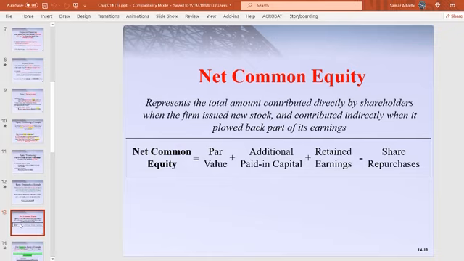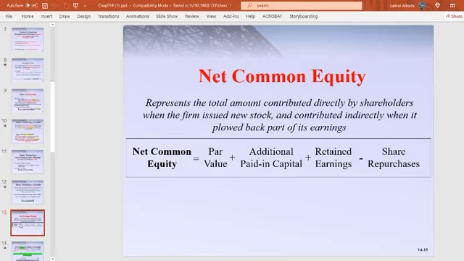Now, there's another thing called net common equity. From the name, common equity, this is how much equity we have. It represents the total amount contributed directly by shareholders when the firm issues new stock, and contributed indirectly when the firm buys back or repurchases part of its earnings.